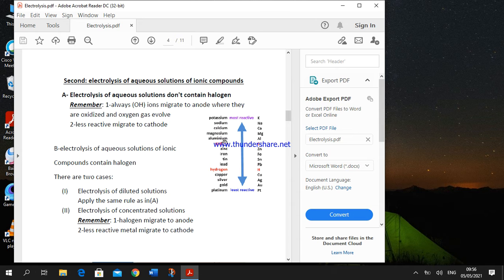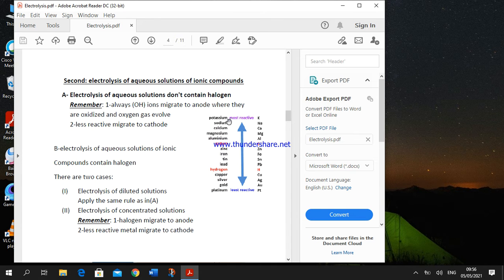Look at the screen in front of you. The most active metal is put at the top of the series, so the activity decreases gradually until we reach platinum, the least reactive metal.